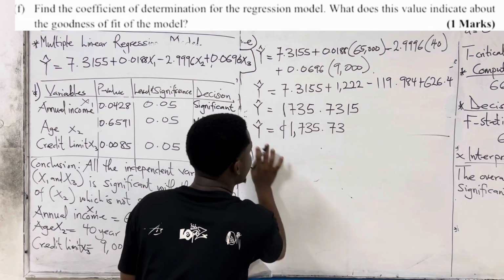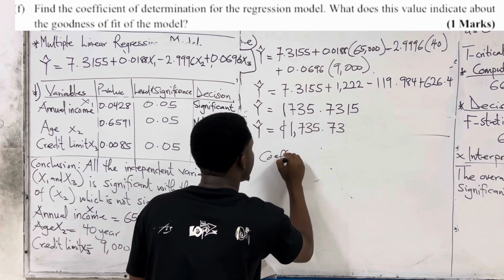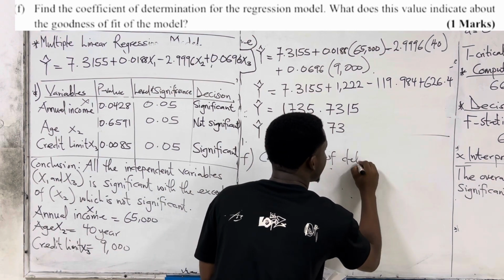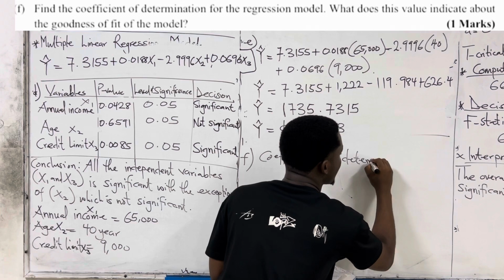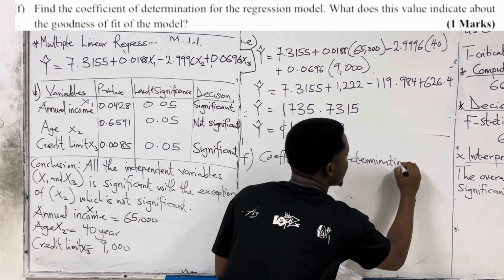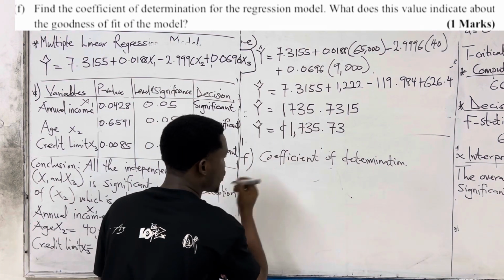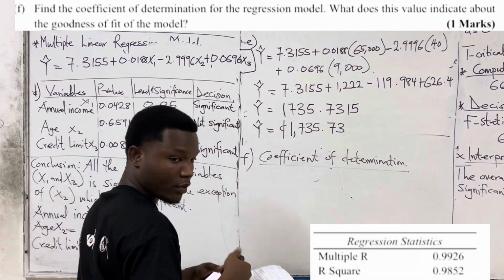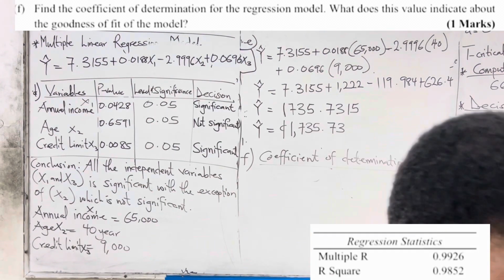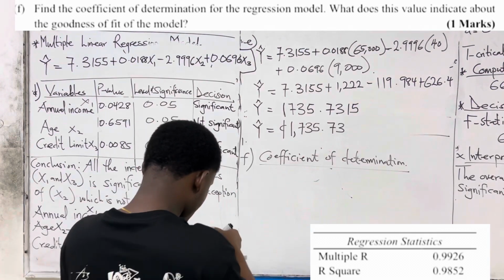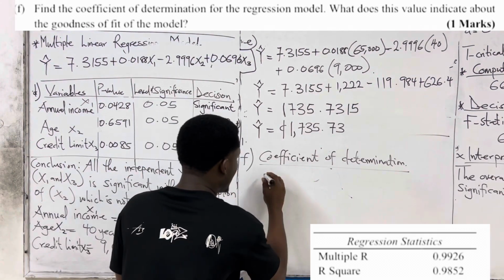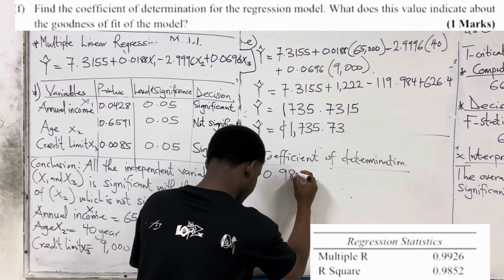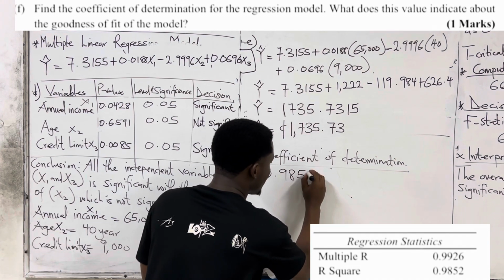So we have our coefficient of determination, R squared. The R squared has been given to us in the question as 0.9852.